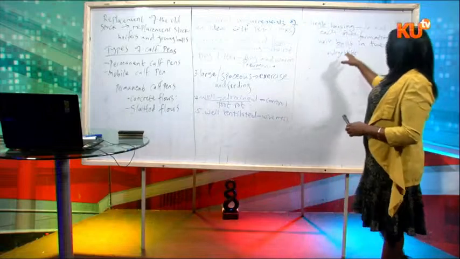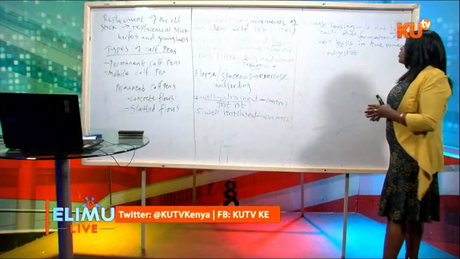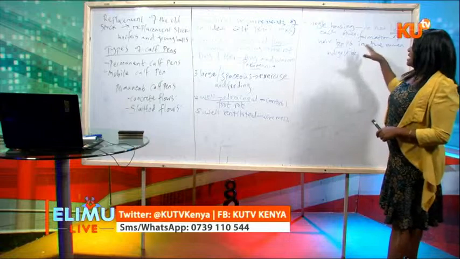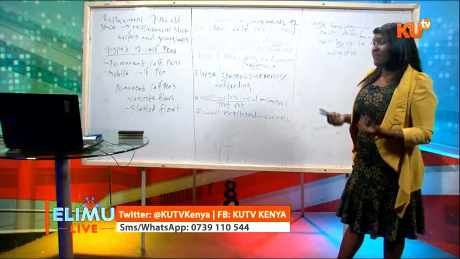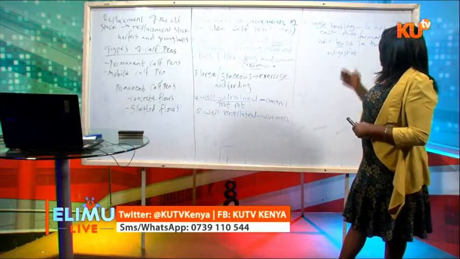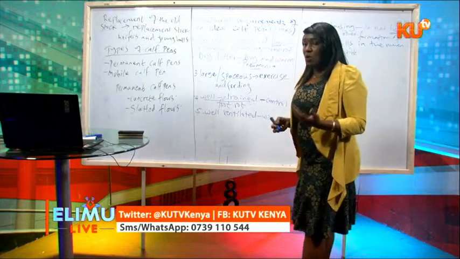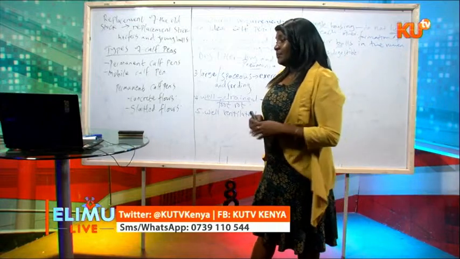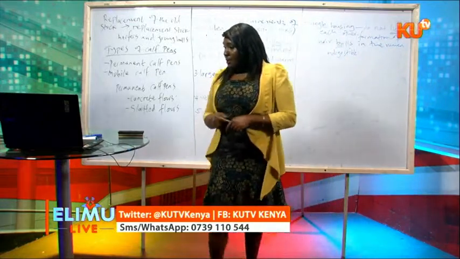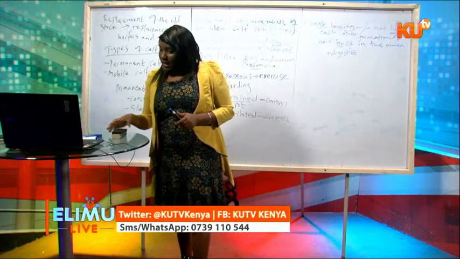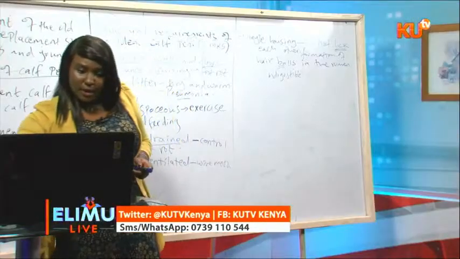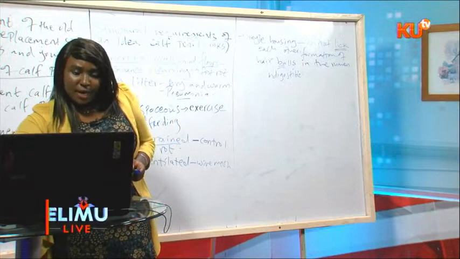So we need these calves to be housed singly, because they can lick each other. Since they are very young and tender, they can lick each other, and it might cause hair balls, which are indigestible in the rumen.